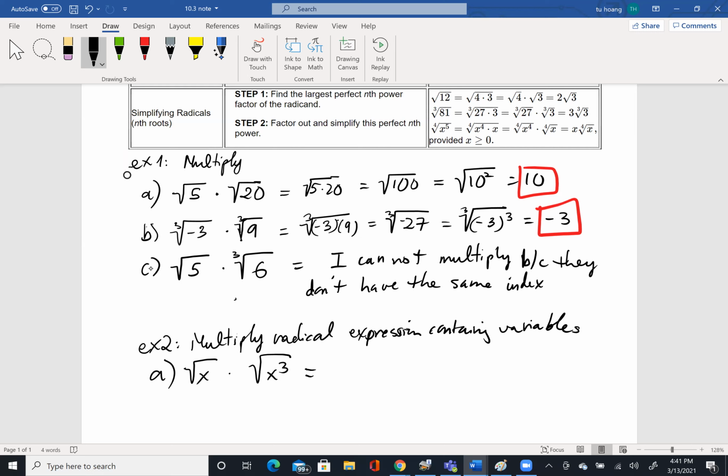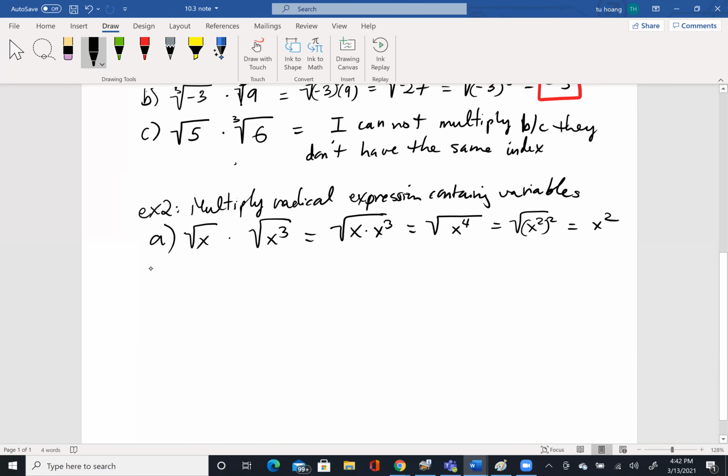Then because they are the same index, I can rewrite it as square root of x times x to the power third. And if you remember the product rule for the power, you're gonna have x times x to the power third gonna be rewritten as x to the power 4, right? 3 plus 1 is 4. And you can know that it's actually like a square root of x squared, everything to the power square. That's gonna be equal to x squared. Okay.